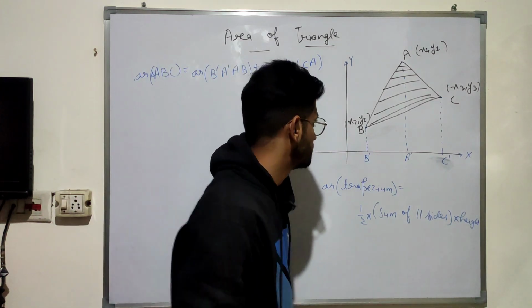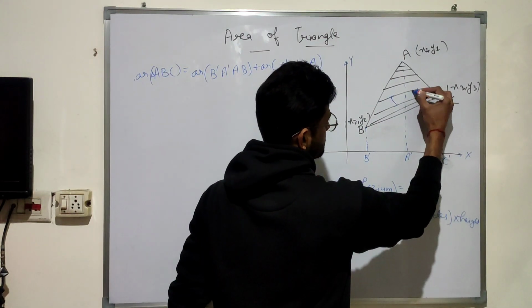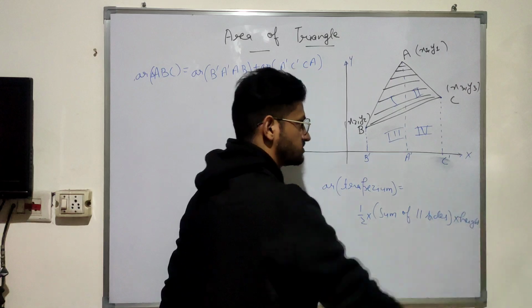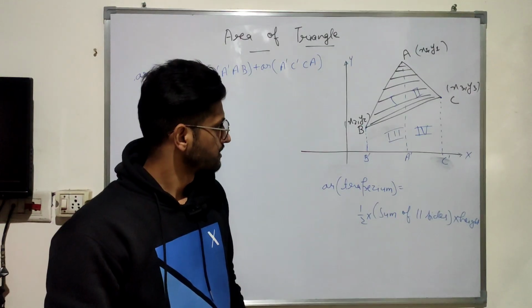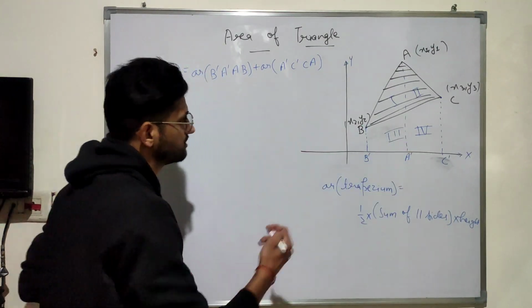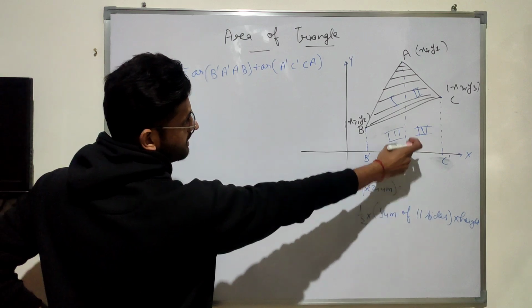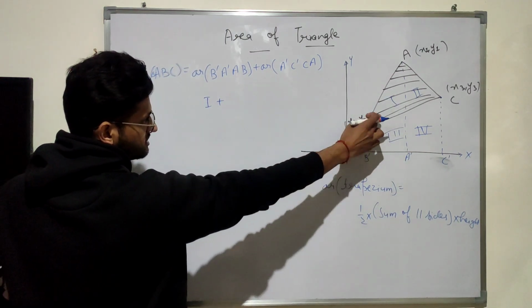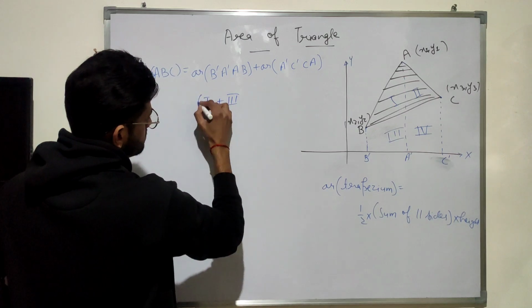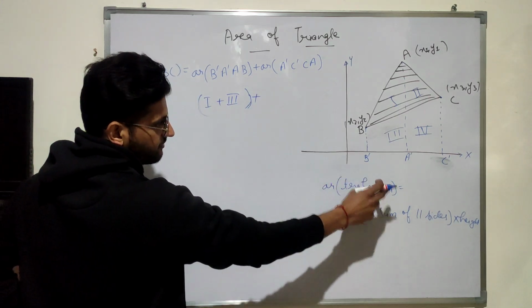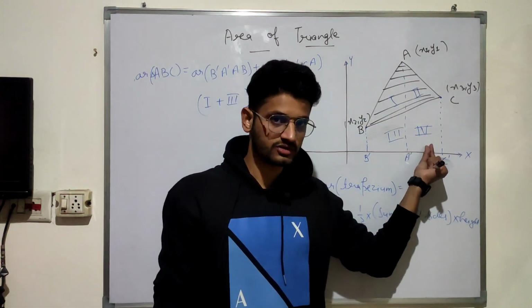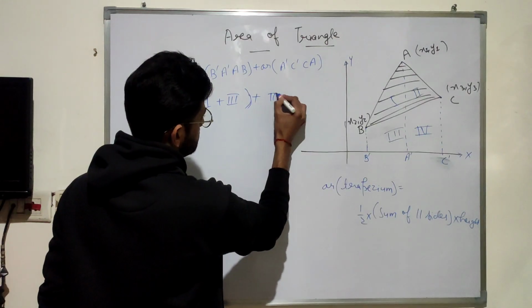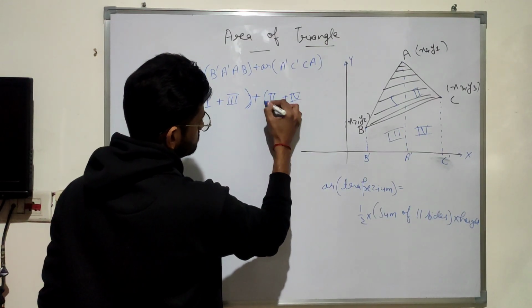Now let me give the first part, second part, this is the third part, and this is going to be the fourth part. What we have done till now for the area of trapezium B'A'AB is we have found the area of the first part plus the third part. From the second trapezium we have found the area of the second part plus the fourth part.